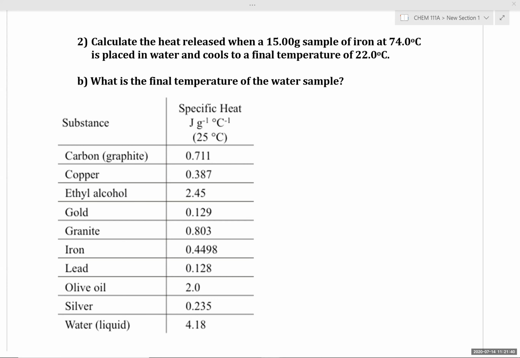Yep, and the response I see in the chat looks good. Just remember that the negative sign comes from the fact that T final minus T initial in this case should be negative. But otherwise, that response looks perfect in the chat.